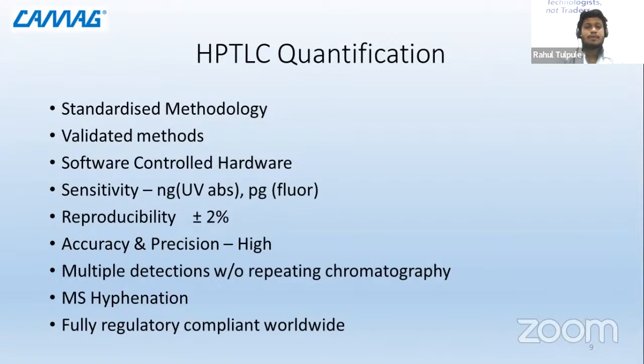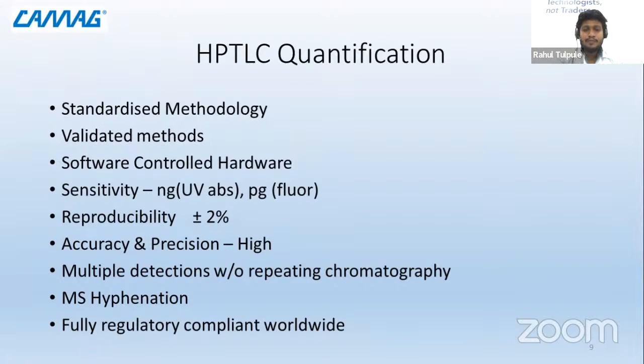So we use a standardized methodology to make the standards as well as the samples. Then we go for validated methods. There are different methods which are validated for the same. Then we have software-controlled hardware, where the manual error is completely eliminated.